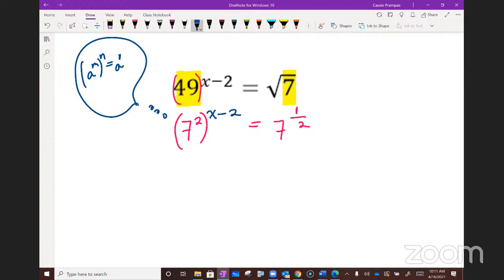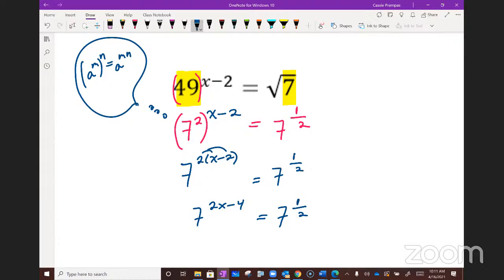So it's going to be a to the m times n. So this is actually going to be 7 raised to the 2 times x minus 2 equals 7 to the 1/2. You might be ahead of me. What type of property am I going to need to use with this too? Distribute, awesome. So we have 7 to the 2x minus 4 equals 7 to the 1/2.